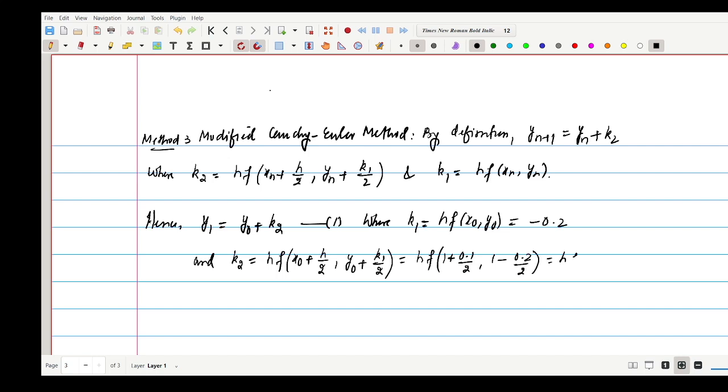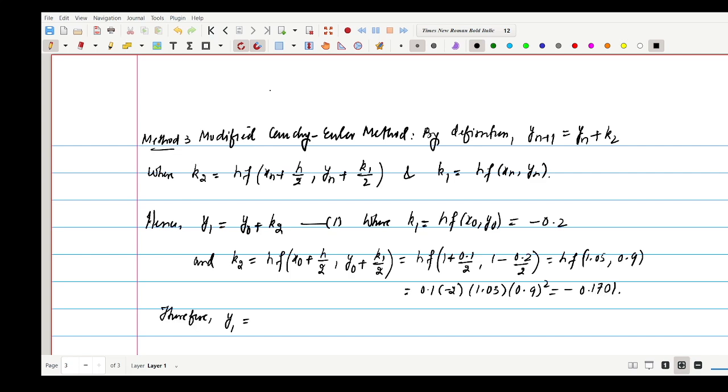So this becomes h f of 1.05 comma 0.9. Now by definition this is equal to 0.1 into minus 2 into 1.05 into 0.9 whole square. Now this finally becomes minus 0.1701. So that is our value for k2.